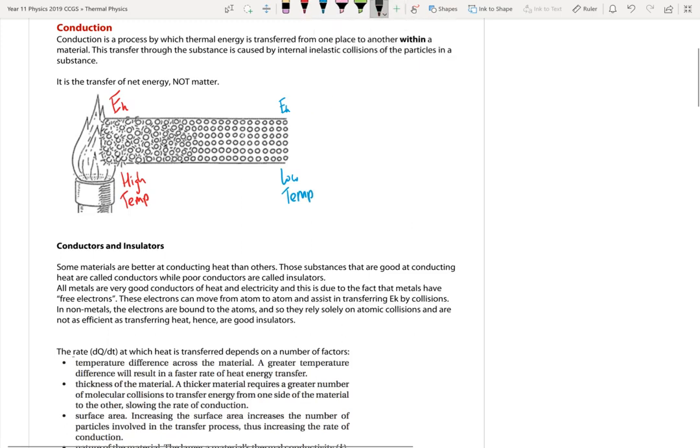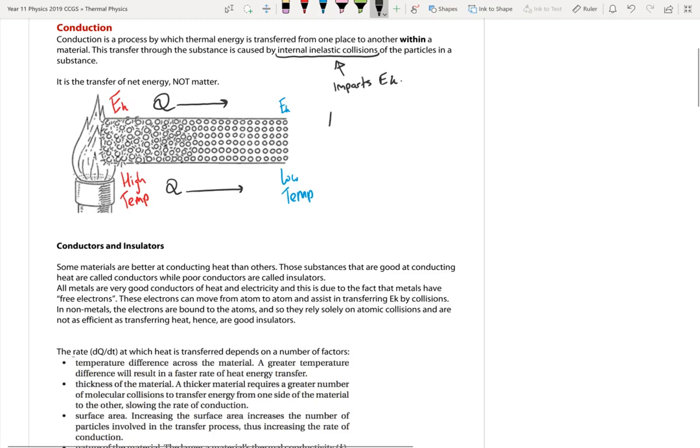There he is, thank you. Via collisions, they're imparting their kinetic energy. Okay? So it's the internal elastic collision which imparts or transfers kinetic energy.